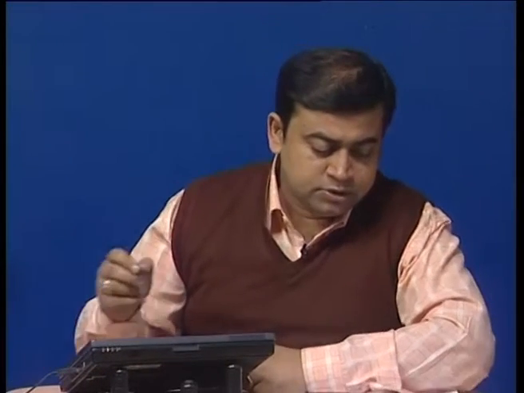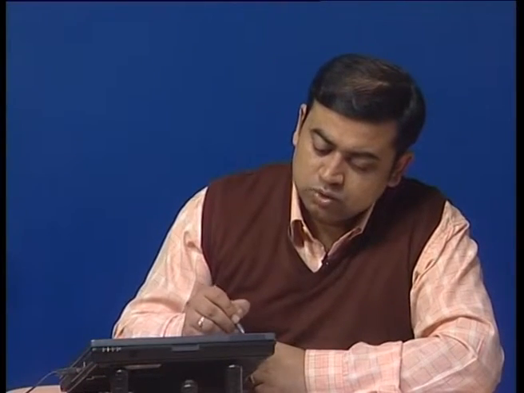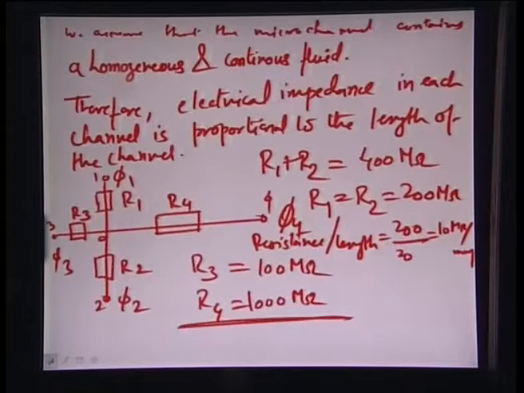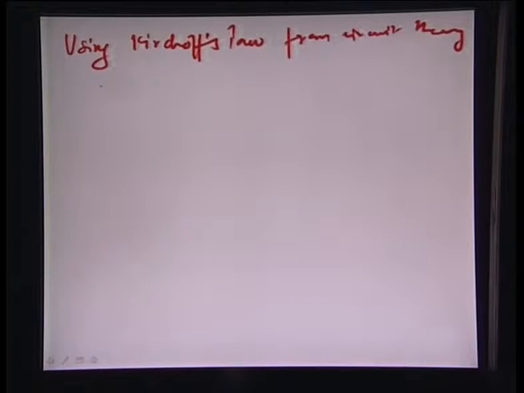So we use Kirchhoff's law from circuit theory here. And what this also says is that if we were to assume that there were several currents here, I1 to I4, and let us draw this network again for convenience.